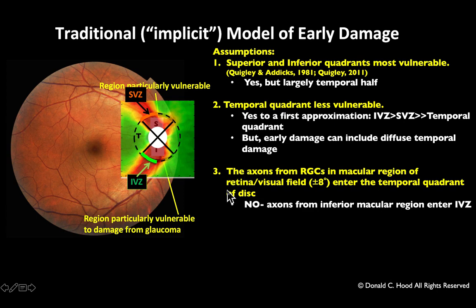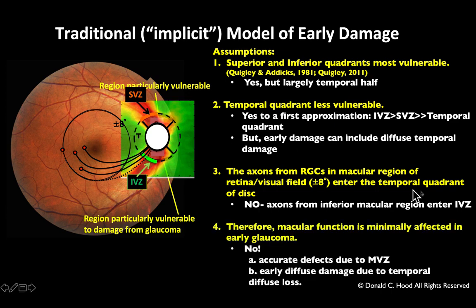Third, the traditional view is that the axons from the ganglion cells in the macular region enter the temporal quadrant of the disc. And this is where we differ. Again, no. What we've found is that the axons from this part of the macula enter into the inferior vulnerability zone.